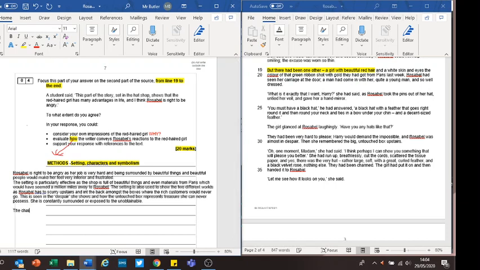The character of the red-haired girl is important as, and again you explain, it shows us how jealous Rosabel is, how she's surrounded by these rich, pretty people all day because she has to work so hard and travel on this muddy bus. She doesn't look that good, etc., etc.